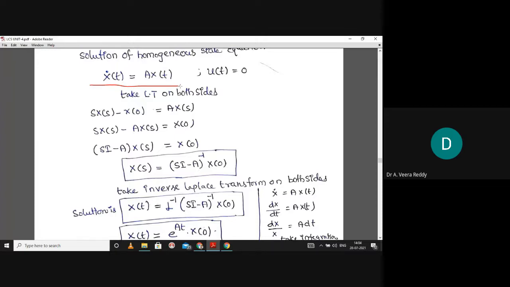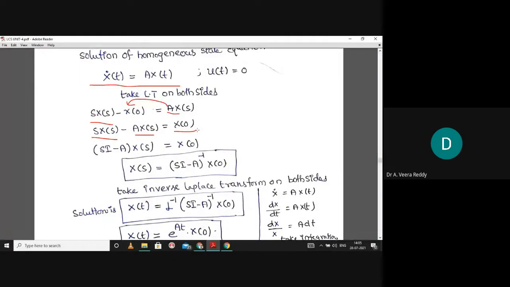So take the Laplace transform on both sides. x dot of t means dx of t by dt. So the Laplace transform gives s X of s minus x of 0 is equal to A X of s.